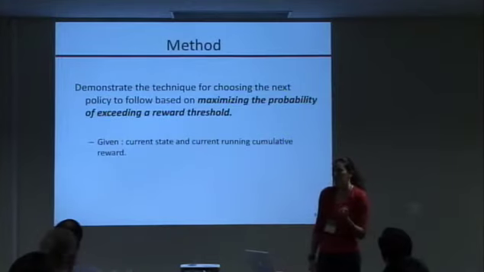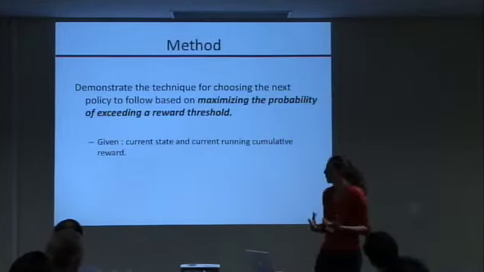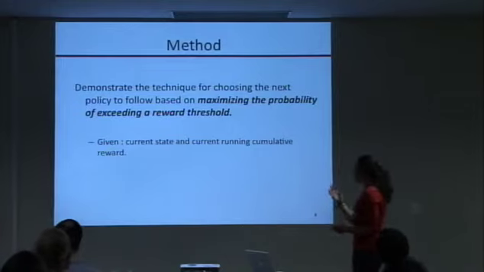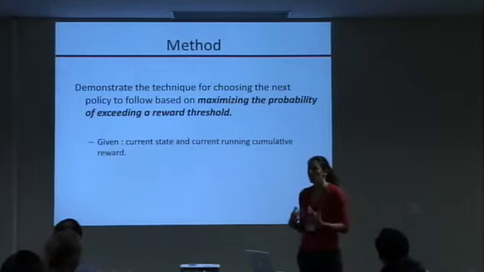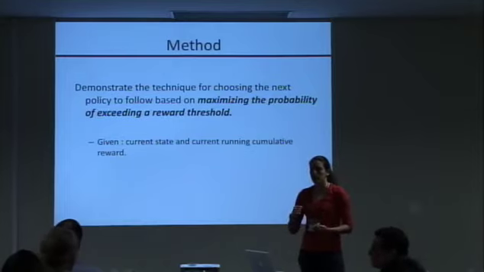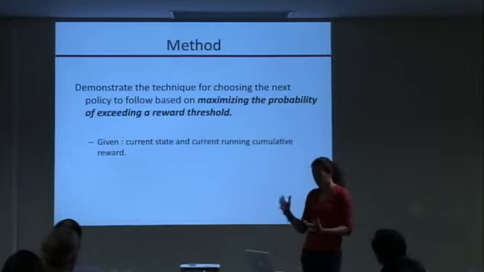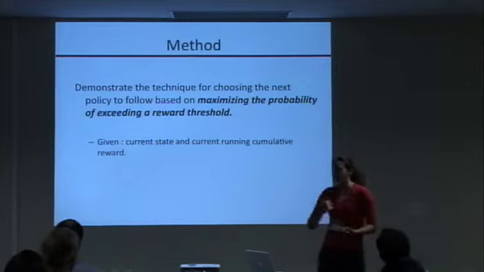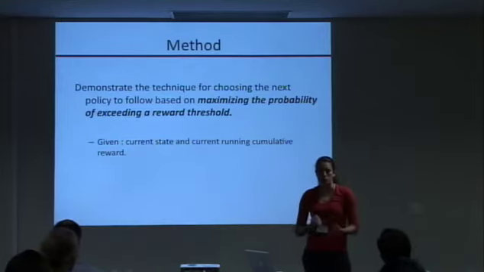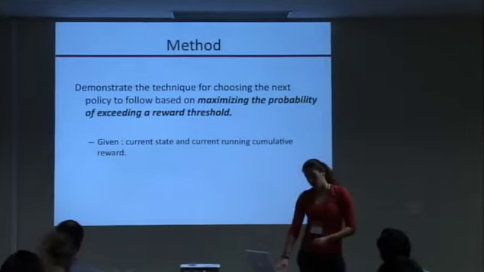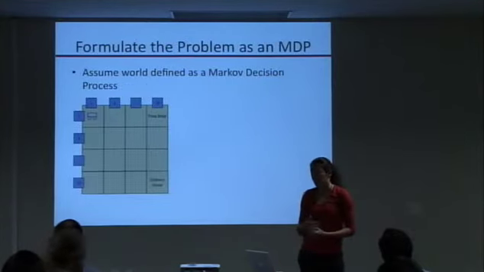The main point of the method I'm showing is the ability to switch between these policies at runtime to accomplish the goal of maximizing the probability of exceeding the reward threshold. So given a current state, which is your progress towards the goal, and given your current running cumulative reward, which is how far you are from the threshold, when would you make the decision to switch between these policies of varying risks to exceed the threshold?